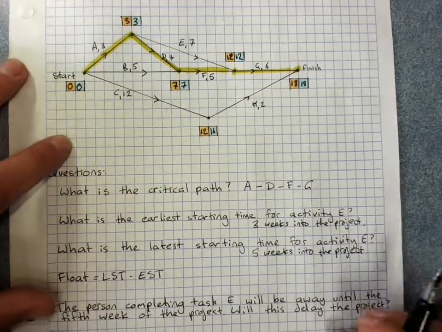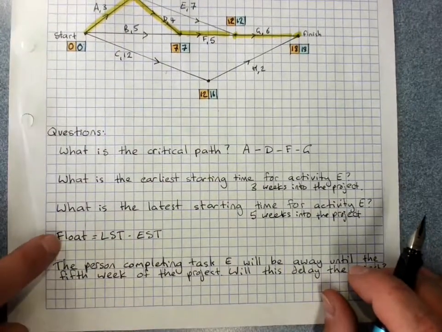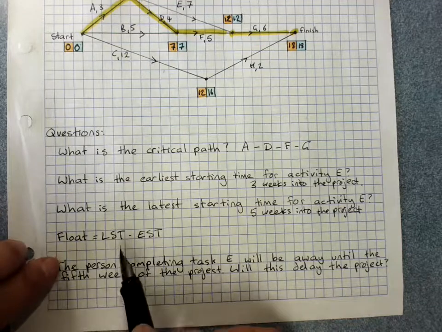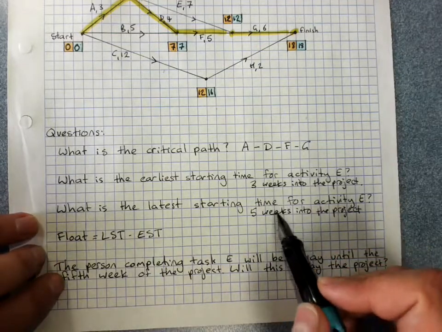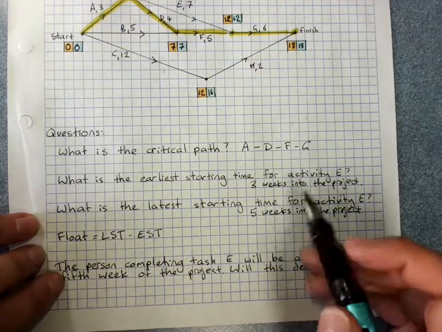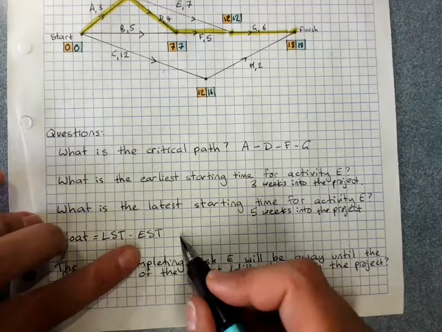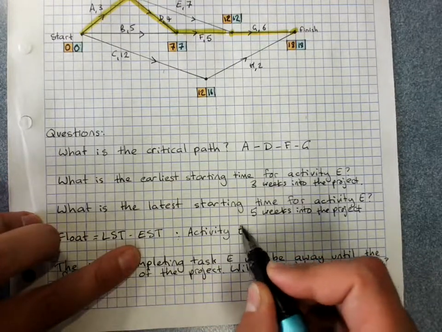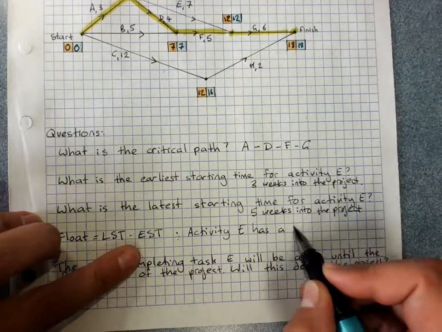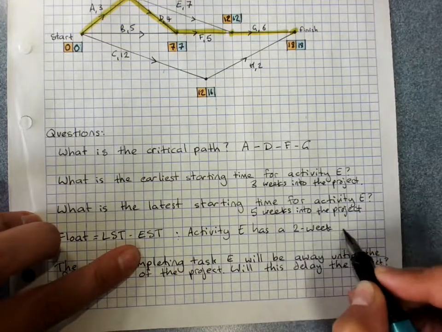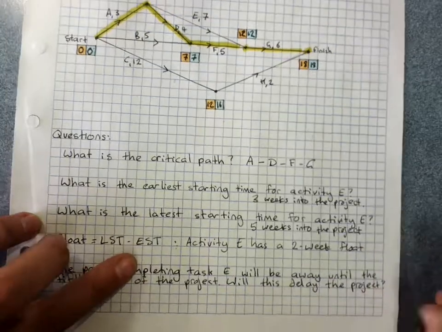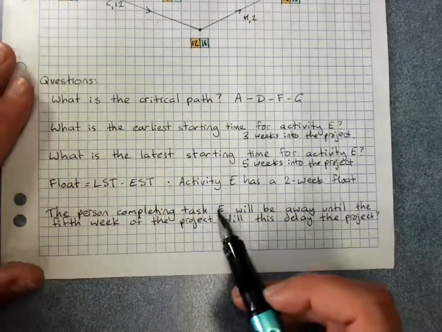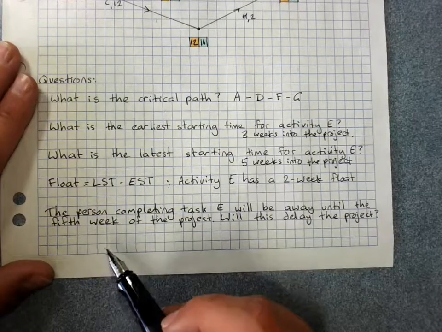Sorry, I'm getting a little bit messy there. Now remember that float is latest starting time minus earliest starting time. So I've got a 2-week float available for activity E. Oh, my writing's so messy, I'm sorry. Now, the person completing task E will be away until the 5th week of the project.